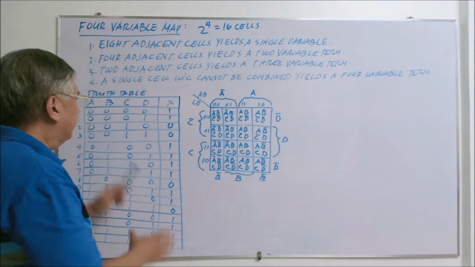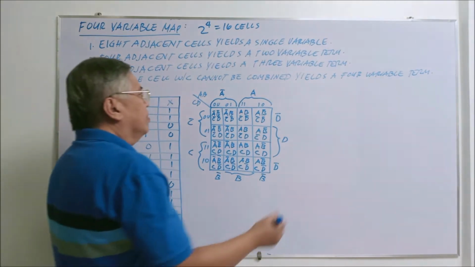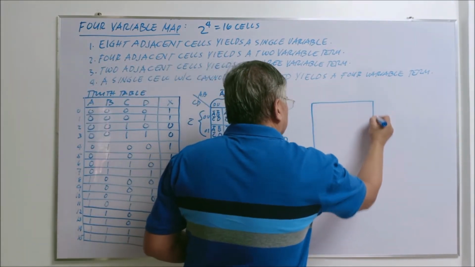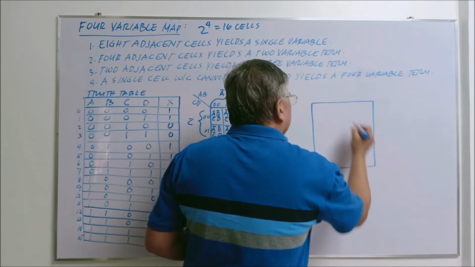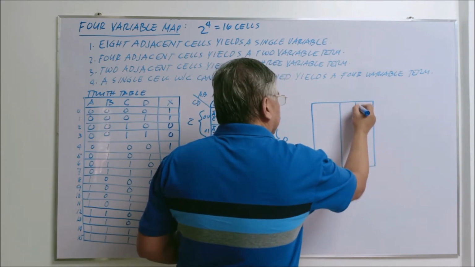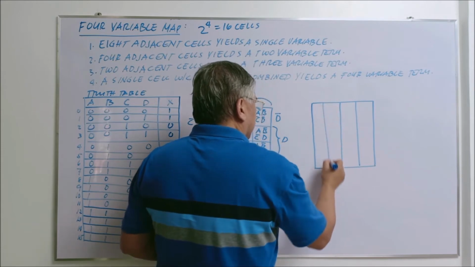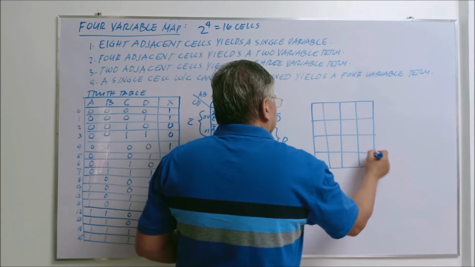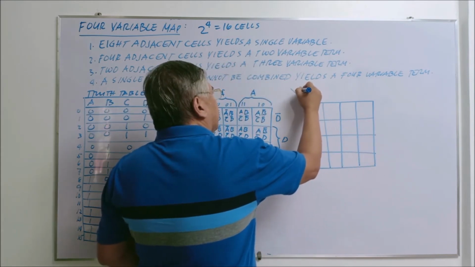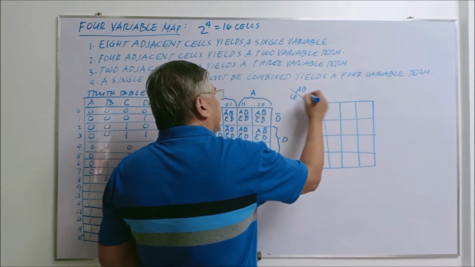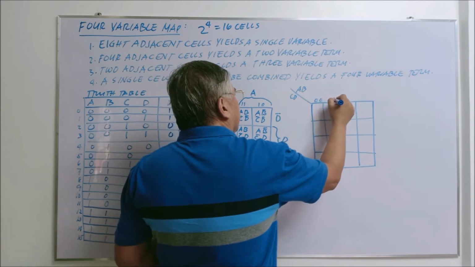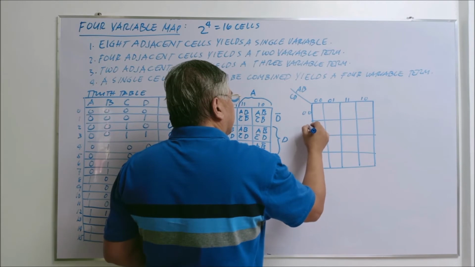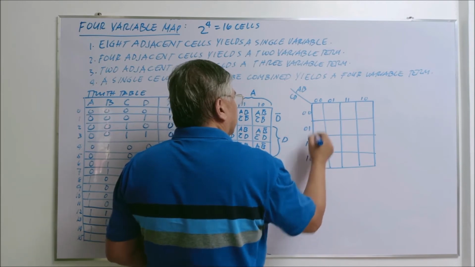Okay? Now, let us find the simplified logical circuit of our table using, of course, the 4-variable map. We know that this one here is A, B, C, D. The values are 0, 0, 0, 1, 1, 1, 1, 0, and 0, 0, 0, 1, 1, 1, 1, 0.